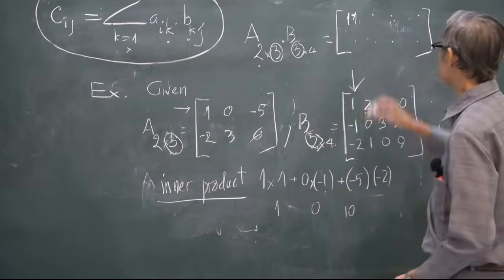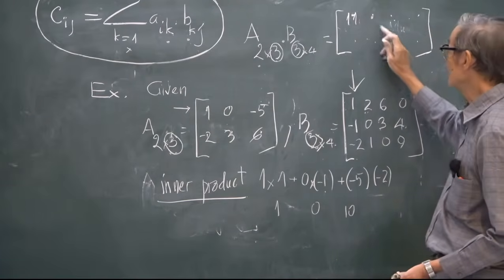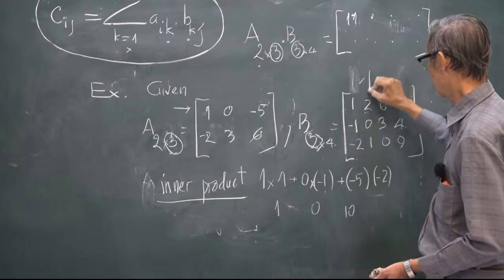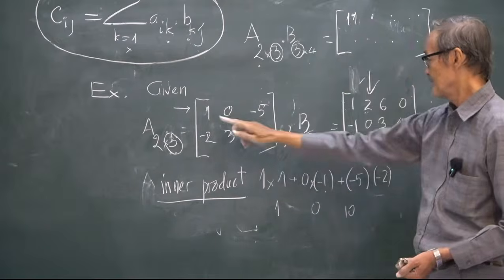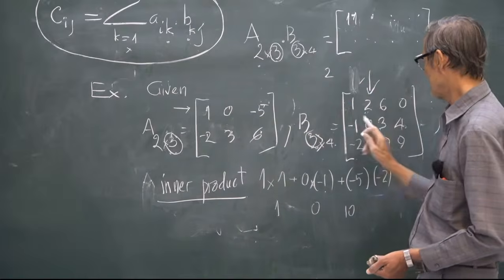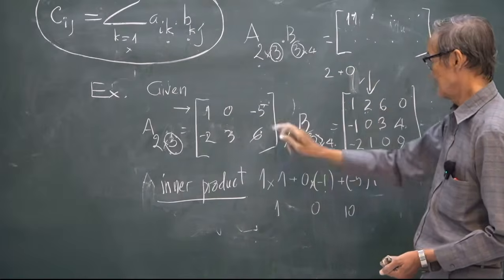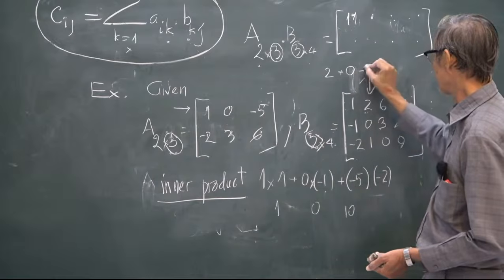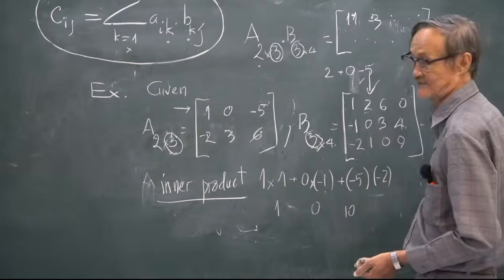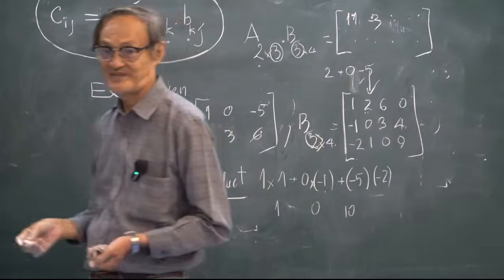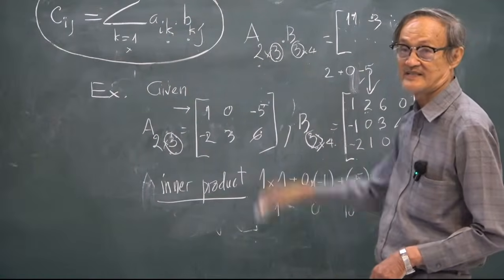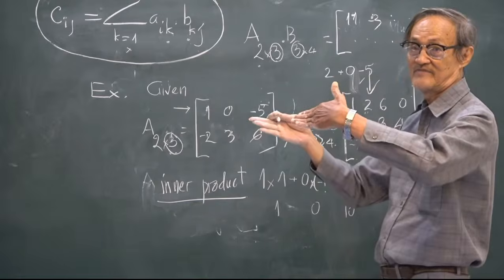And here, first row and second column, inner product. 1 times 2, 2. 0 times 0, 0. Minus 5 times 1, minus 5, minus 3. Okay? You can practice at home. Row, column, inner product.